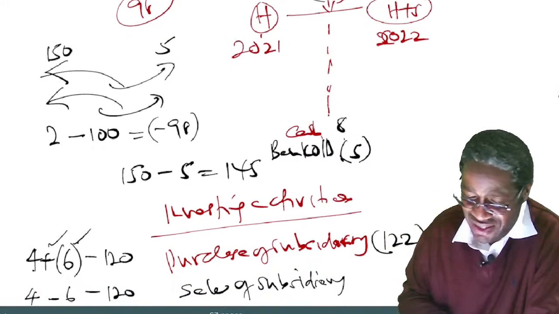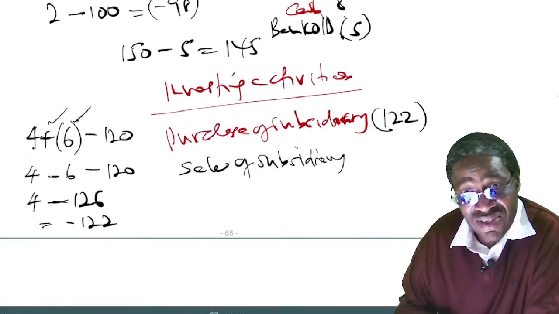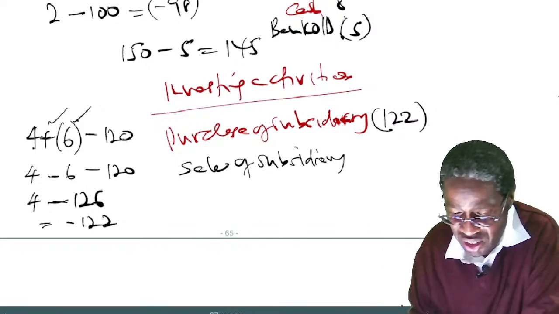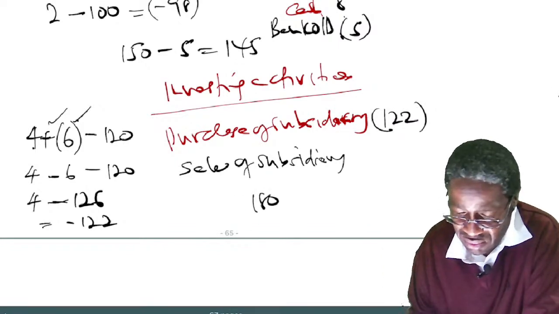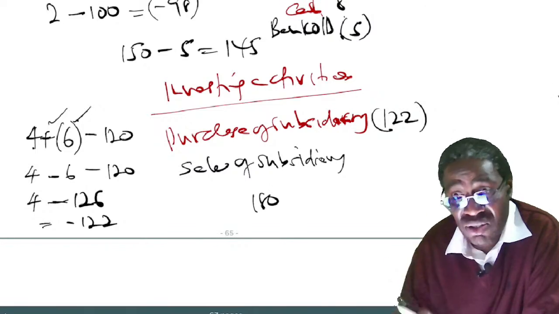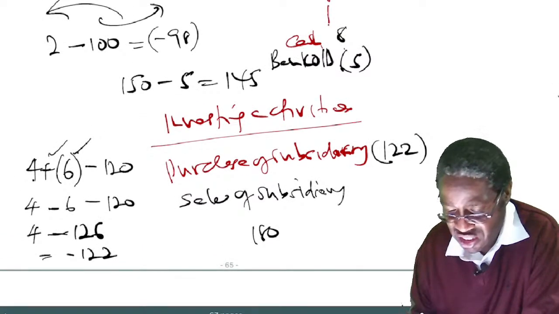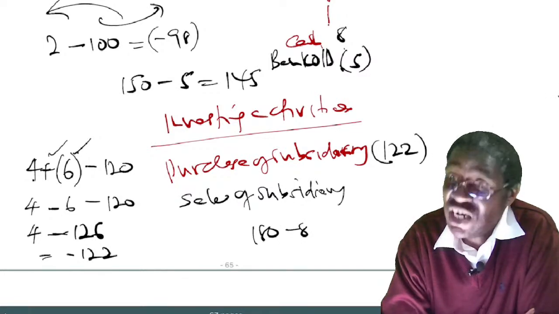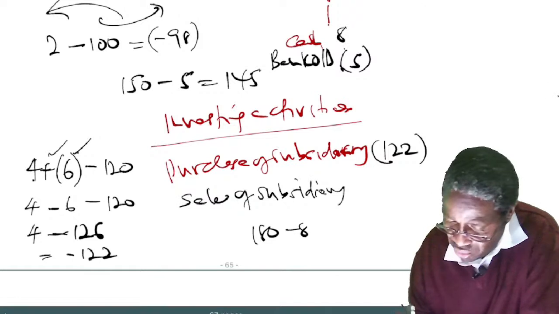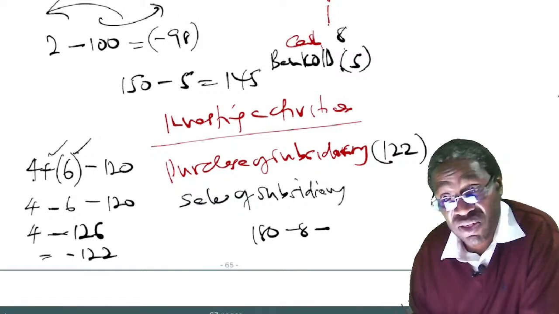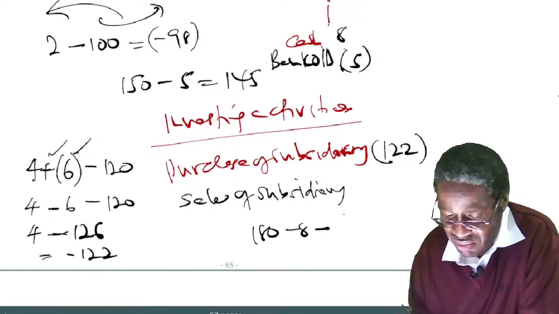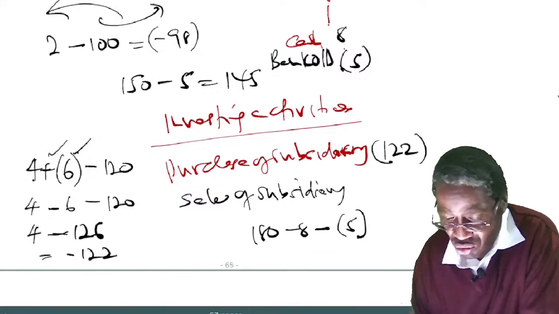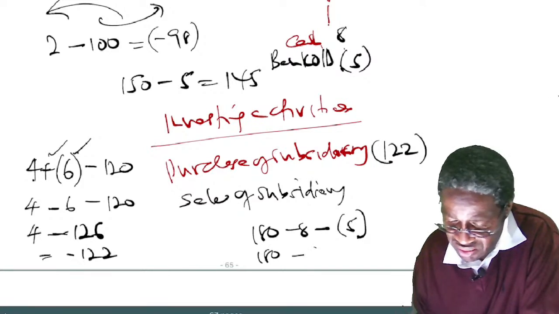Okay, let's see. We are selling. Take what came in, 180. Minus what left, 8. Cash left. Then you also minus whatever else left. This time it's an overdraft. It's a negative. So this is 180 minus 8.